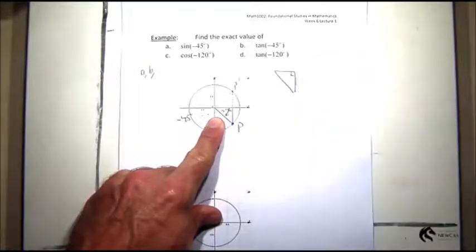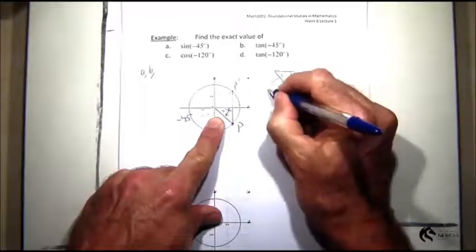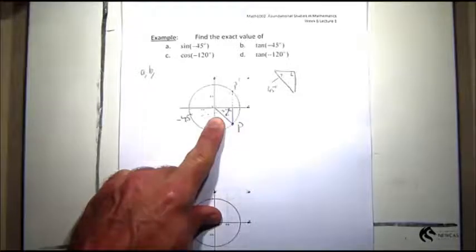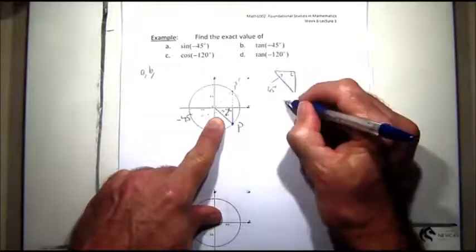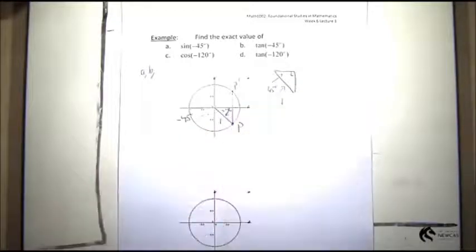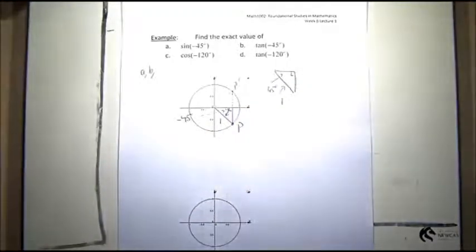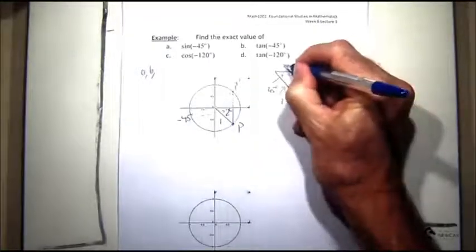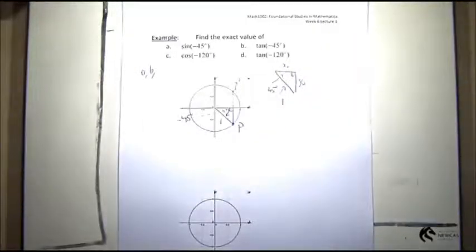That angle now in this, if I'm just considering that as a triangle, is 45 degrees. This hypotenuse is 1 because the radius of the circle is 1. And let me again just call these sides y0 and x0. I'm going to find the values of x0 and y0.